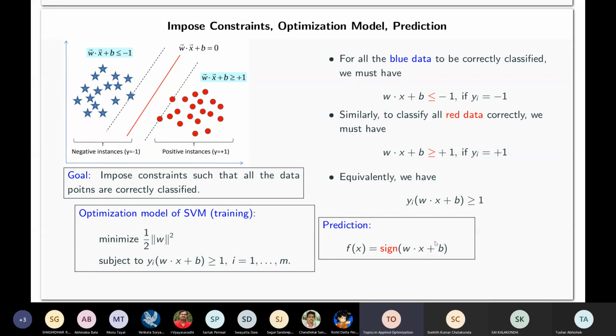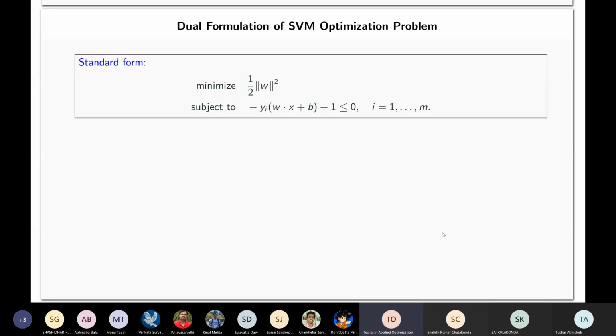And this is the prediction: once you have found the optimal W and B, then for a given X you can start predicting.